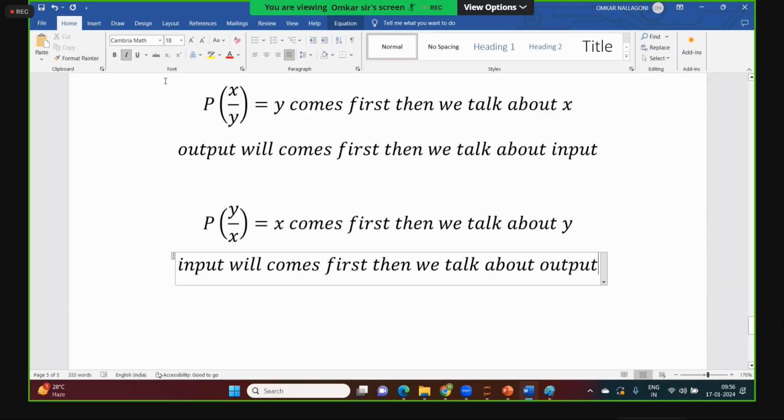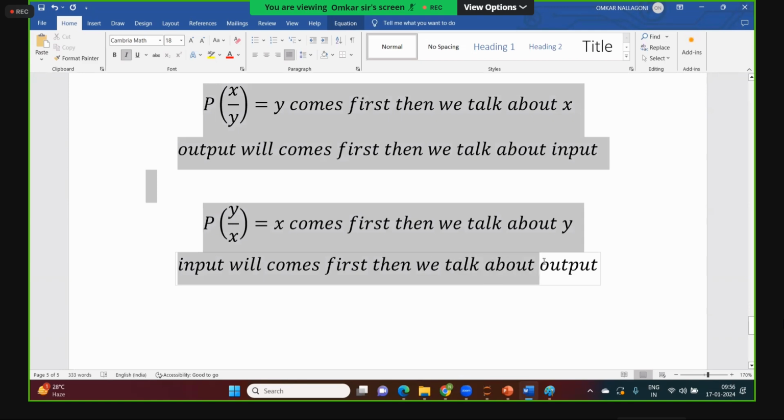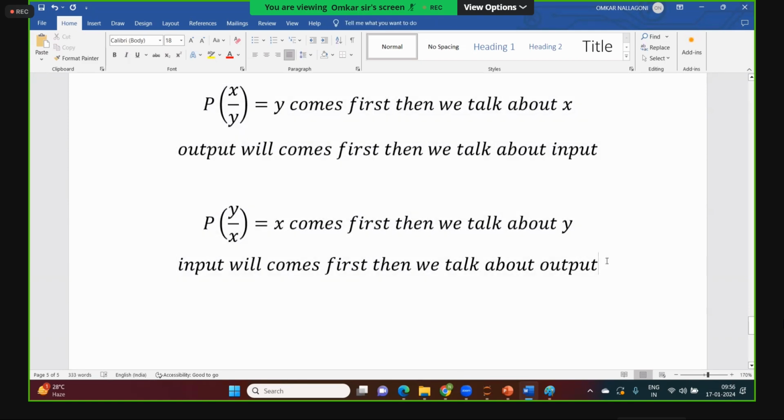In these two cases, tell me which one is the ML model's job, first one or second one? You already developed the logistic regression. So which is the useful scenario? After you develop the ML model, will you pass input or output first? You will pass the input, then you will check the output. So which case is first? Second one.